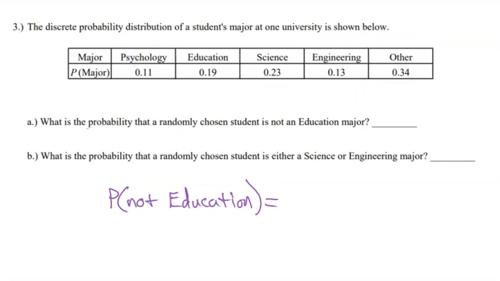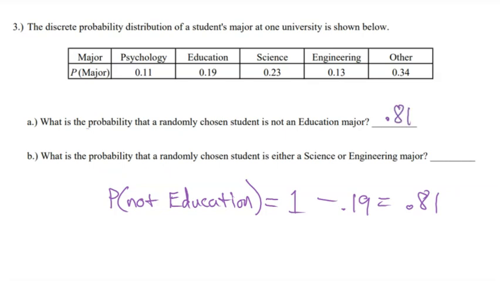There are two ways of doing this. We can either add up 0.11 plus 0.23 plus 0.13 plus 0.34, or we can do 1 minus 0.19, which is 0.81. Notice, if we add these up, 0.11 plus 0.23 is 0.34, plus 0.13 is 0.47, and plus 0.34 is, sure enough, 0.81. So the probability that a randomly chosen student is not an education major is 0.81.